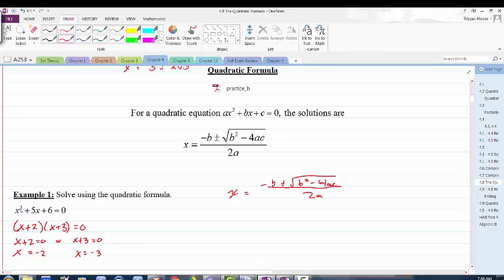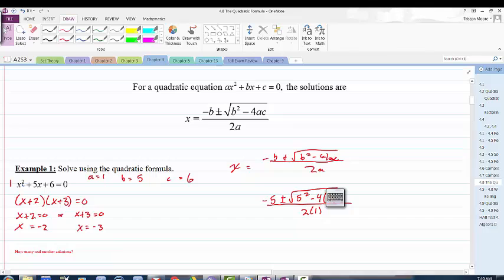Since in this case a equals 1, b equals 5, and c equals 6, I can just plug these in, right? So that means you have negative 5 plus or minus the square root of 5 squared minus 4 times 1 times 6, and this is all over 2 times 1.